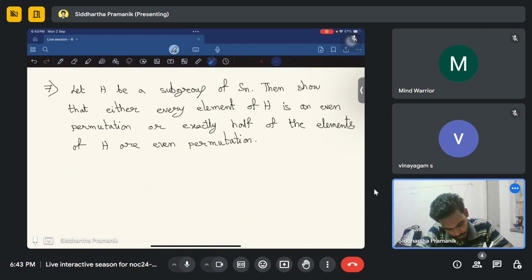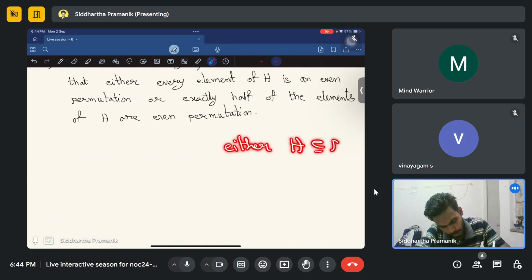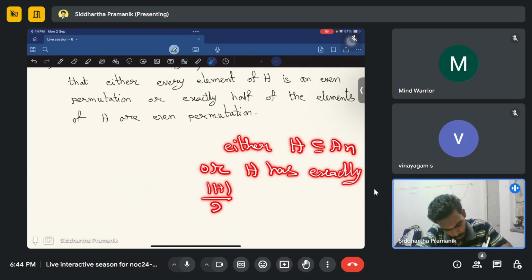So that means H is a subgroup of Sn. So either H is a subset of An, or H has exactly half the elements, meaning order of H by 2 elements, which are even.